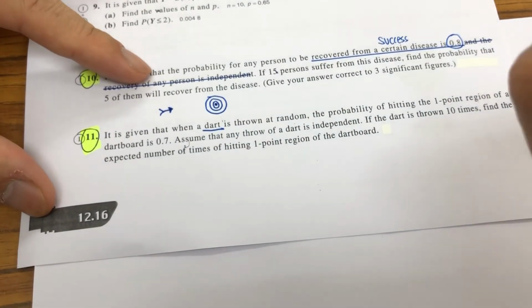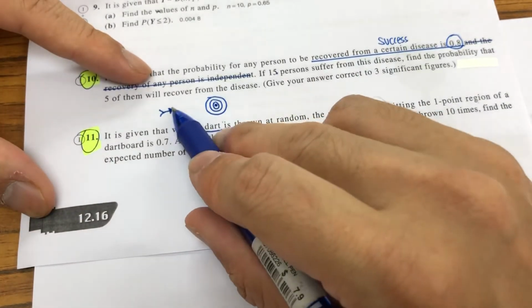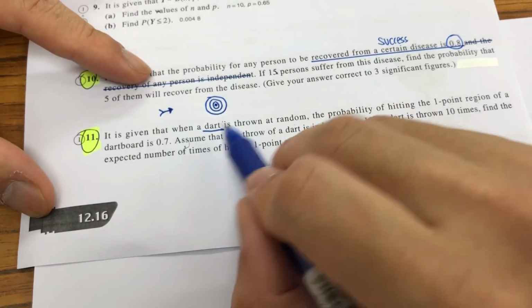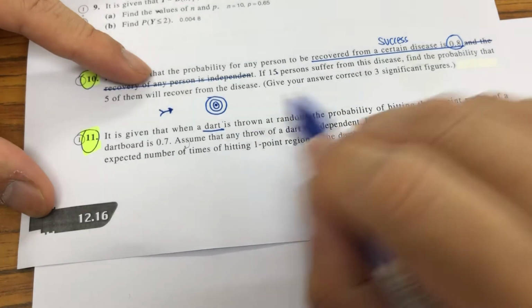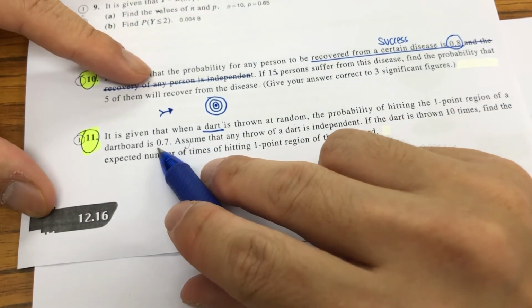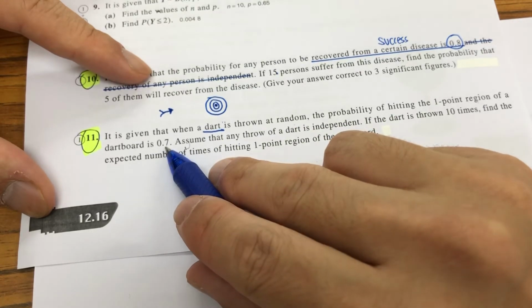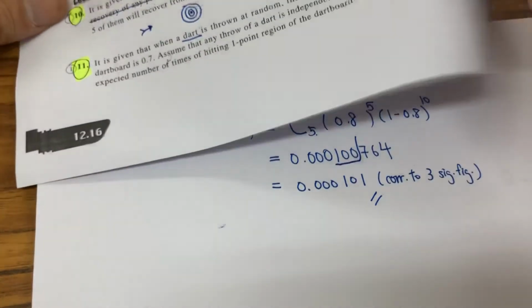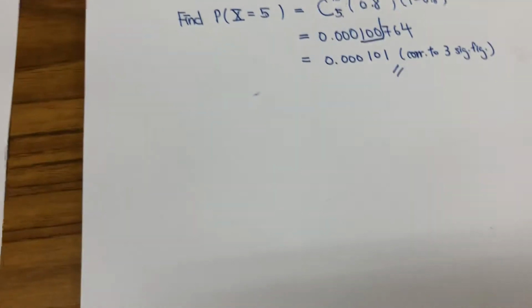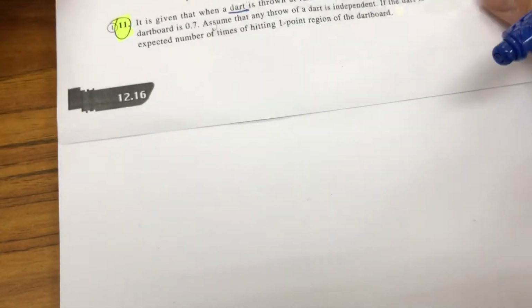We're going to throw something in order to hit the center, and we are going to do it 10 times. For each time, the probability that you can hit the target is 0.7. So this is a binomial distribution. So let's define a random variable.